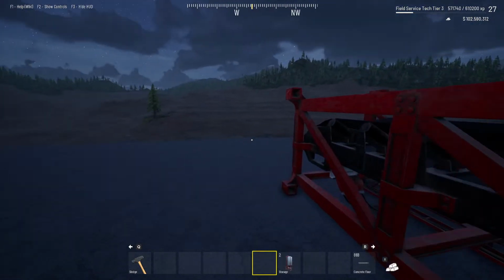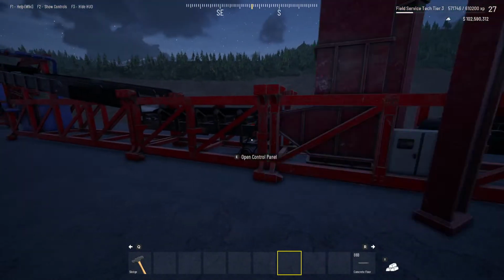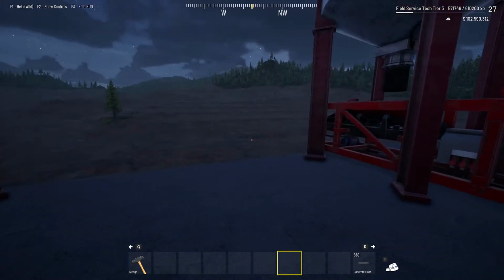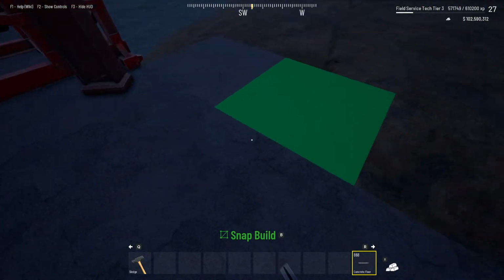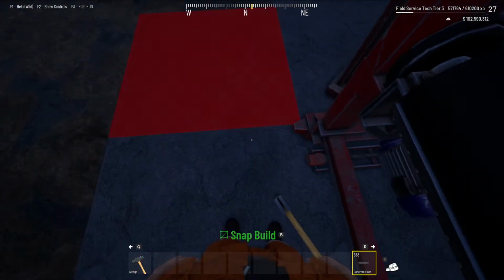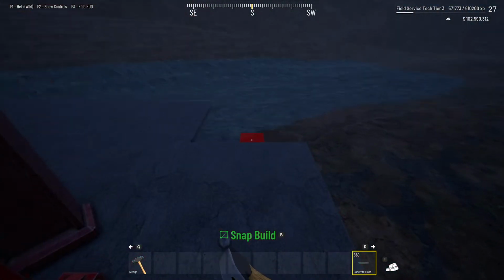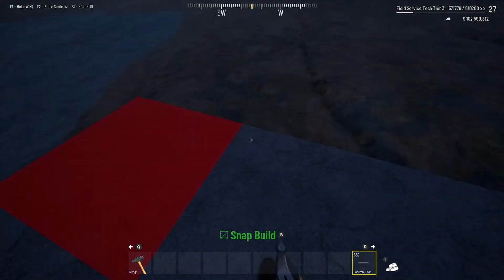Straight, straight. Cool. Just add a couple more of these to the end. Actually, funny how I made it exactly how much I needed without even measuring.